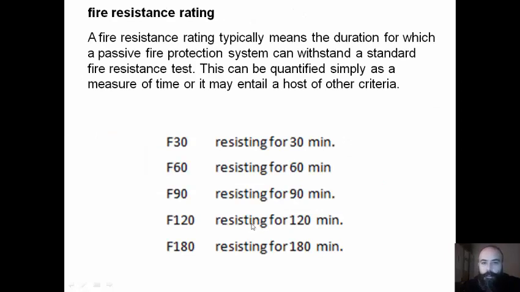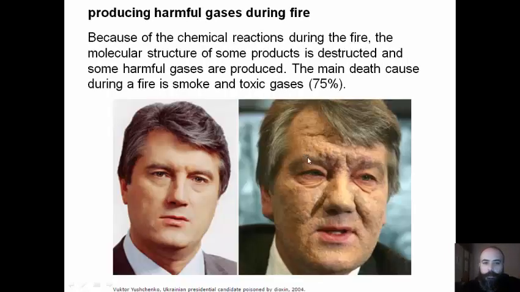A fire resistance rating typically means the duration for which a passive fire protection system can withstand a standard fire resistance test. This can be quantified simply as a measure of time, like F30 means resisting fire for 30 minutes.